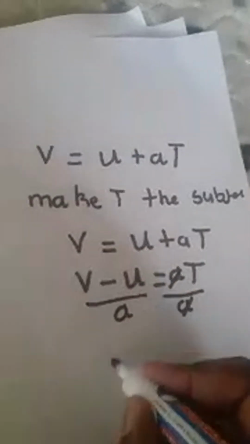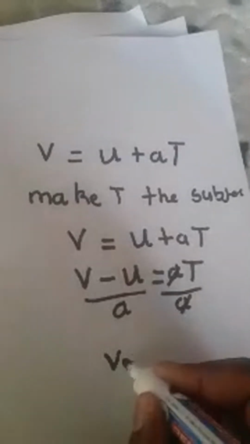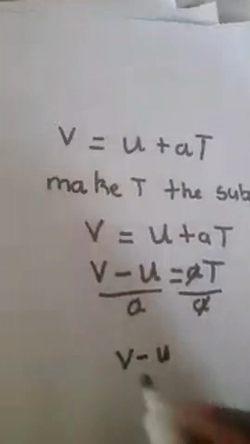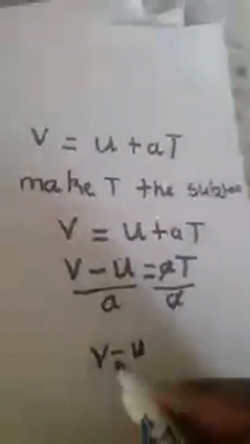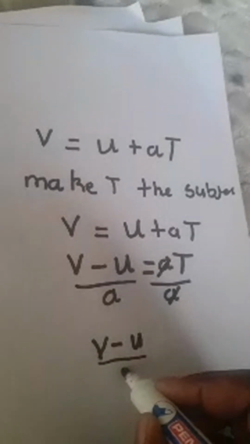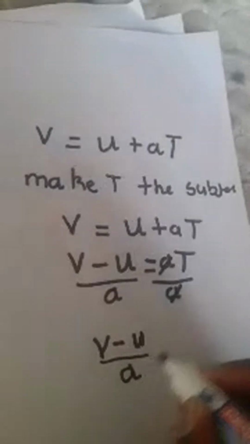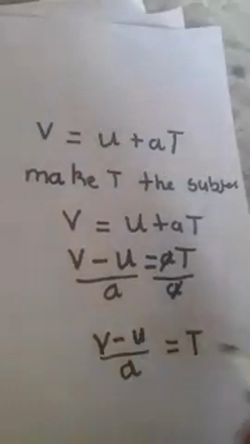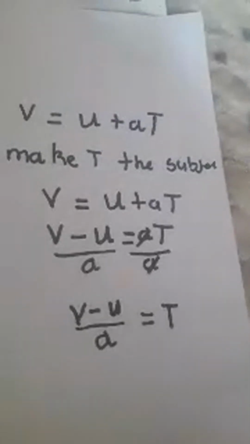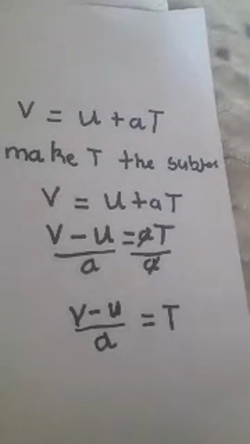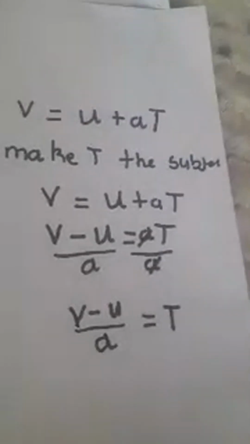So it's now V minus U all over A is equal to T. So we have made T the subject of the formula.